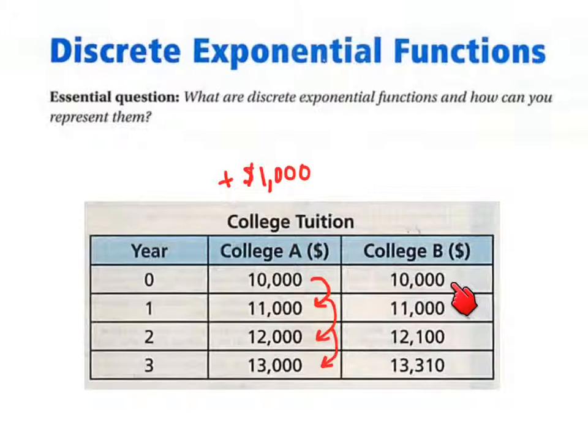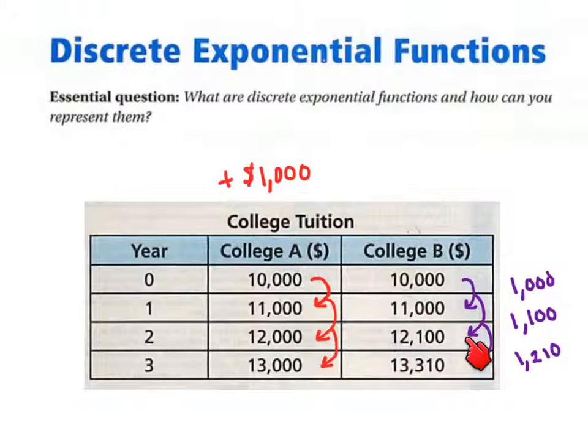What's going on here? 10,000, 11,000, 12,100, 13,310. Well, if we look at the pattern, that one went up by 1,000, and that one went up by 1,100, and that one went up by 1,210. And you can kind of see that these connect, right? This one is 10% of that one.